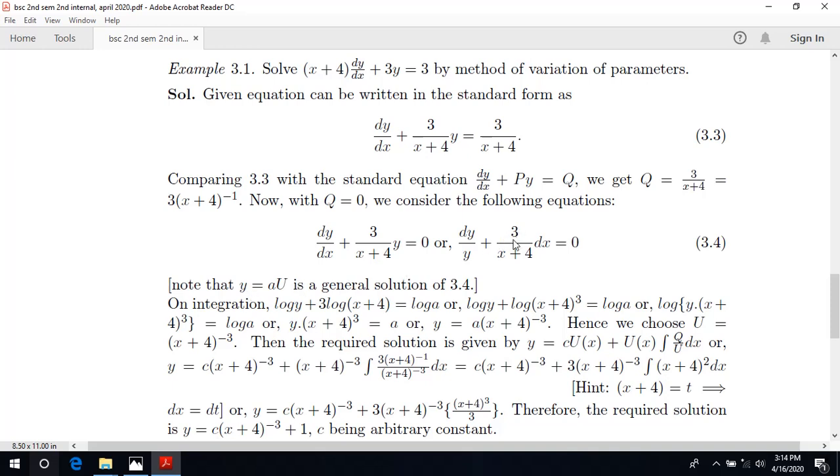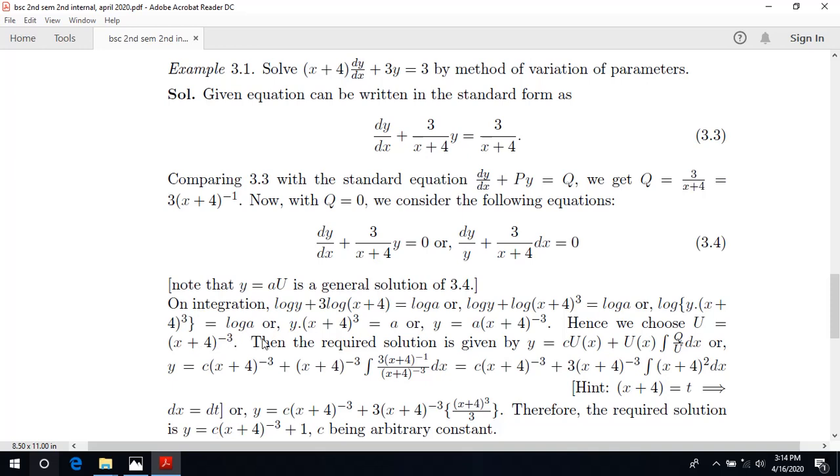But the actual general solution we are getting is this. So these two are equivalent, and you can compare them. This is a, this is u. Hence we choose u equal to (x plus 4) all raised to the power minus 3.